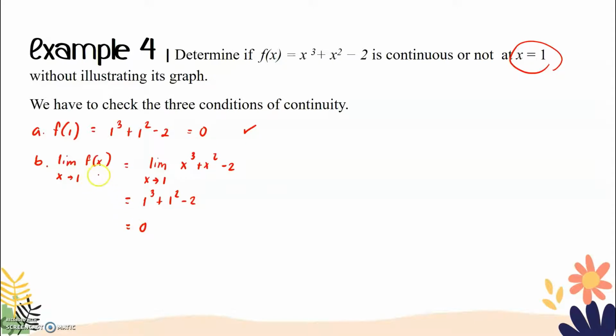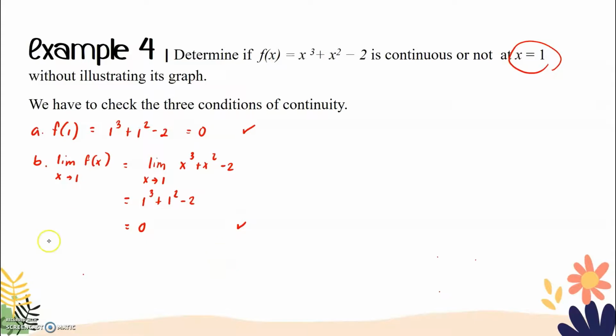So the limit of f of x as x approaches 1 is equal to 0. Therefore, the limit exists, so the second condition is met. Okay, now checking condition 3. Condition 3 states that f of c should be equal to the limit of f of x as x approaches c.